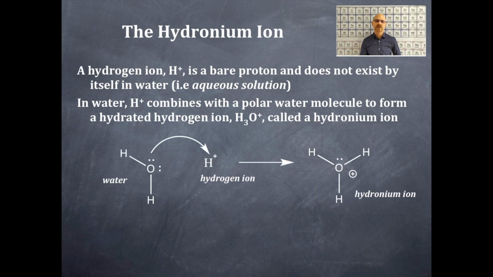So this is the reaction. You see water on the reactant side is H2O. You've got those two lone pairs. If there is a hydrogen ion, a bare proton in solution, then it immediately interacts with this water molecule to form the hydronium ion, which you should see on the product side here.